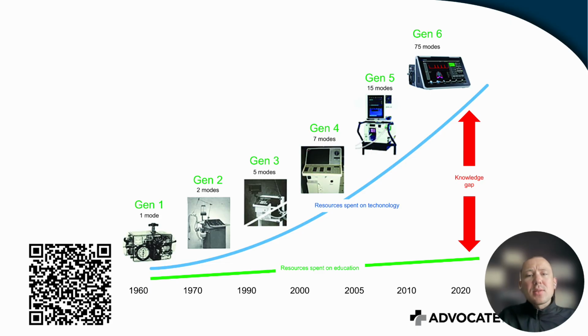Right now, most hospitals operate with Generation 5 or Generation 6 mechanical ventilators, and Generation 6 ventilators can have a substantial number of mechanical ventilatory modes, but they are extremely variable from manufacturer to manufacturer. Volume control ventilation on one manufacturer's model could be substantially different from volume control mode on a different manufacturer's.